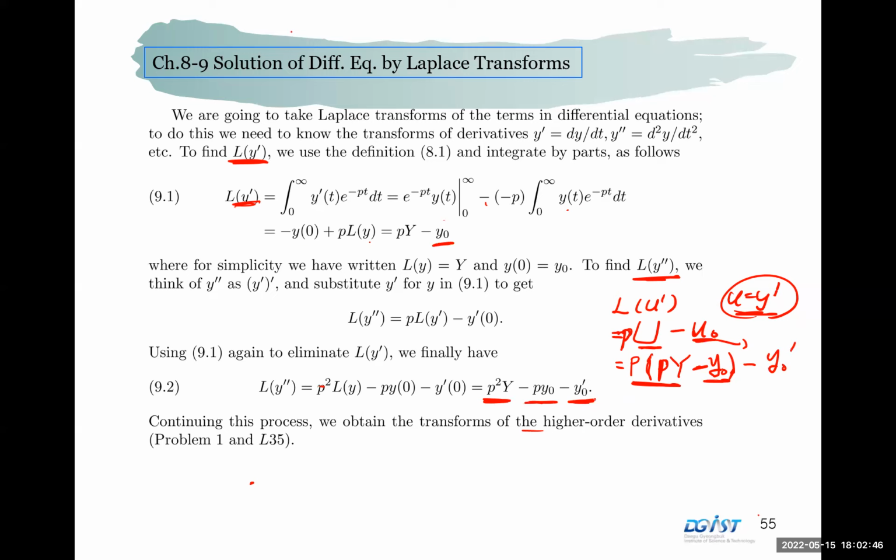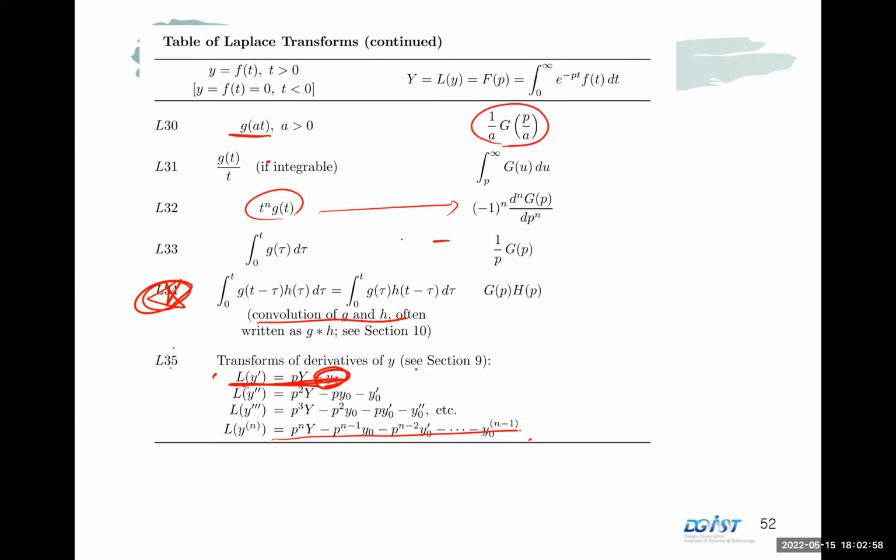So here is the key idea. Now the second derivative changes to P squared, while for the first derivative we have P. So look at this relation. For the third derivative we have a cube of P, and P squared and P. And for the nth derivative we have P to the n minus 1 and so on.